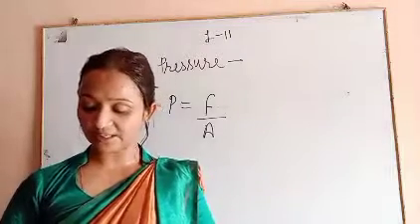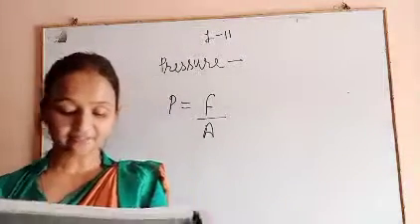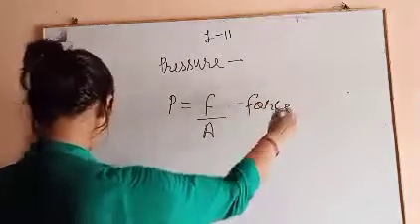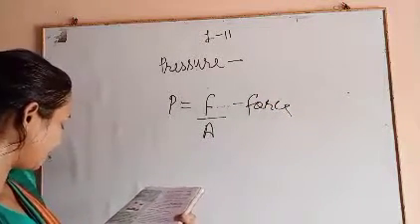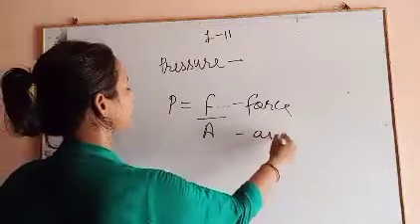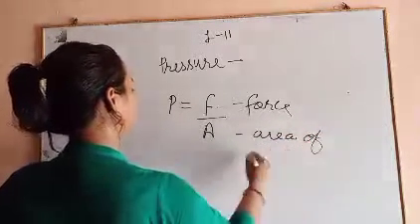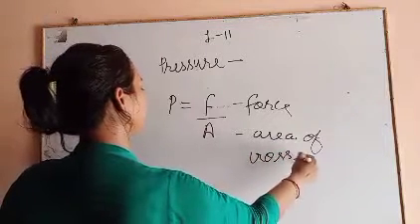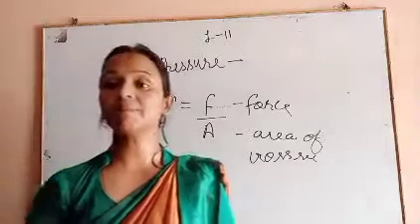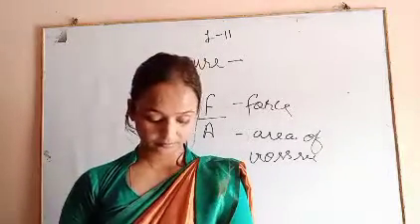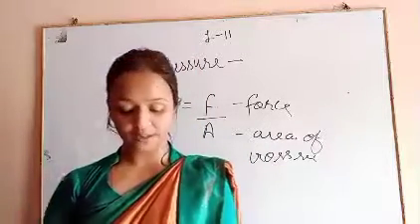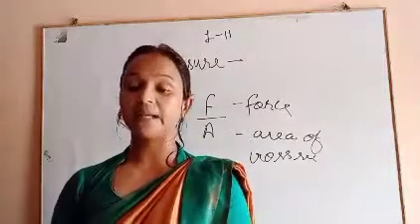From the above formula: F is the force, A is the area of cross section, and P is the pressure. The following conclusions can be made about pressure.